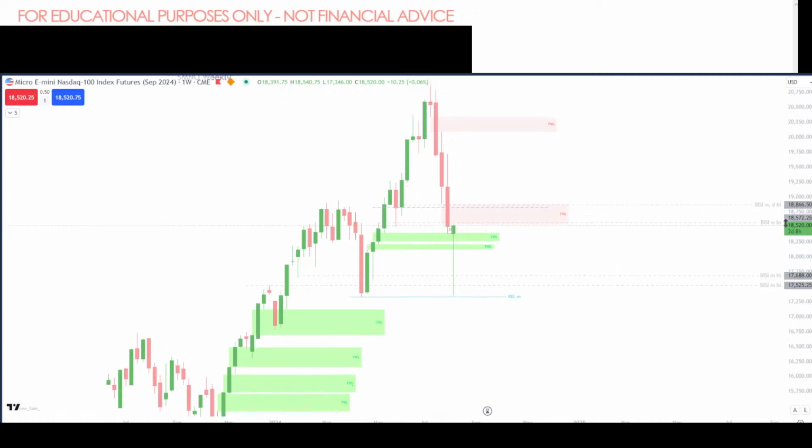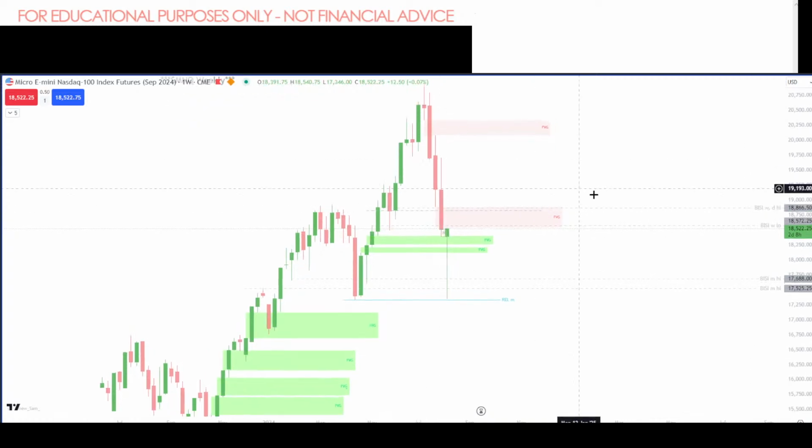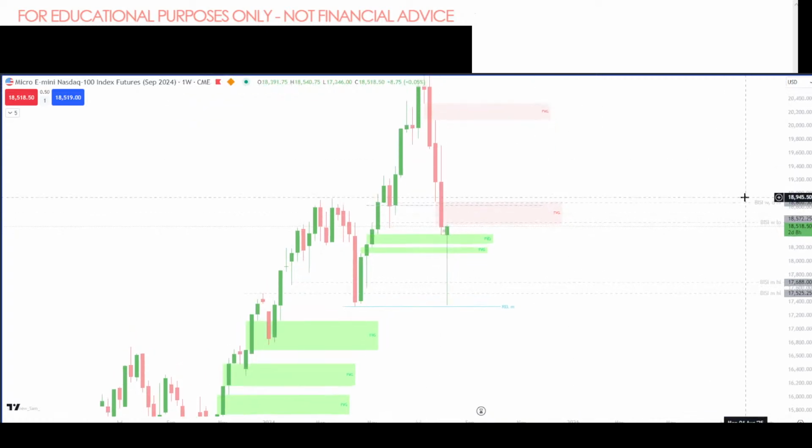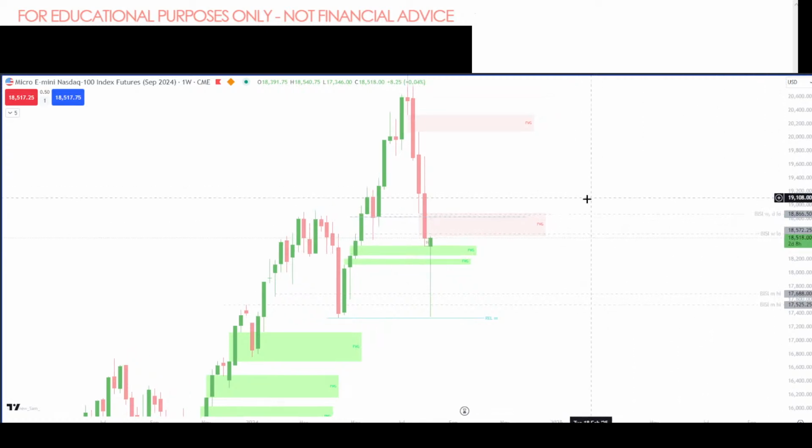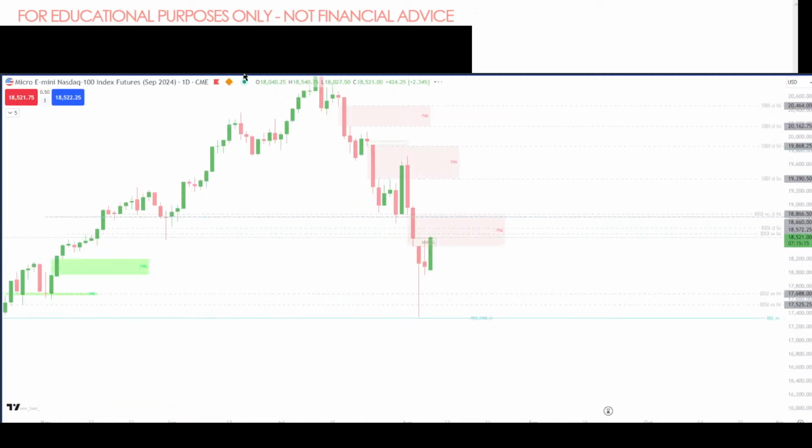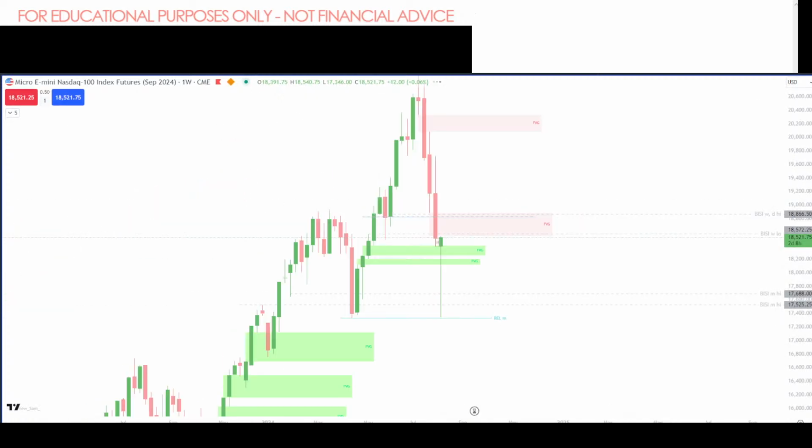What else do we have? We have this marked off previously as a BISI weekly and a daily high. I'll check off, I doubt that's valid anymore. Let's quickly check the daily. Not valid anymore, so let's take that off. And BISI weekly low is also no longer valid.